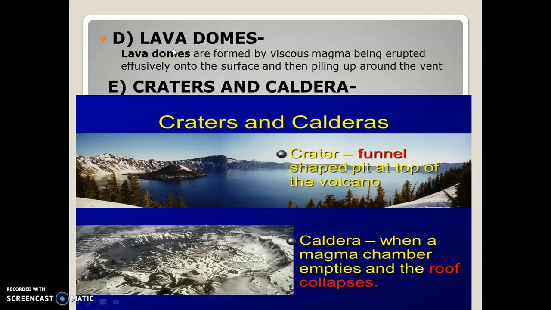Next is lava domes. A lava dome is a dome-shaped structure, circular from the top and broad at the bottom. Some historical buildings are also of dome-shaped structure. The dome-shaped structure will be formed due to the cooling down of magma when it turns into lava.